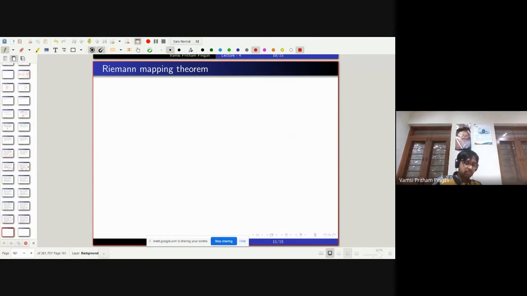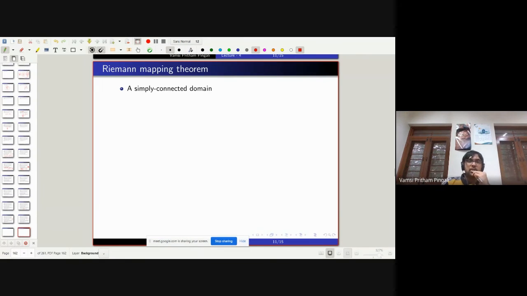All right, so the Riemann mapping theorem. Okay, this is the final theorem that I'll mention in this set of lectures. And this is definitely a theorem in the sense that it's very difficult to prove.